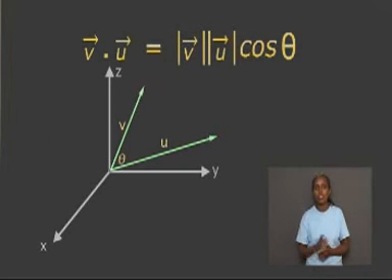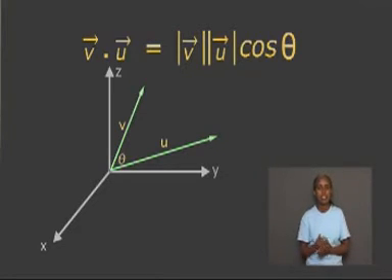The dot product is an algebraic operation that takes two coordinate vectors and returns a single number obtained by multiplying corresponding entries and then summing those products. This concept should be familiar from previous grades.